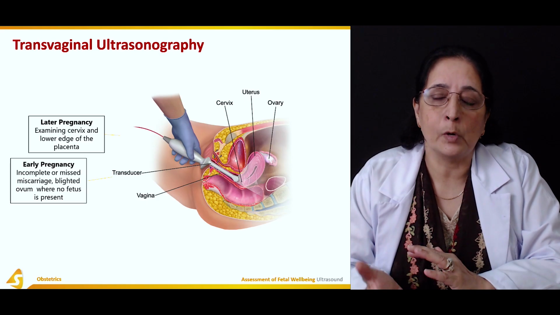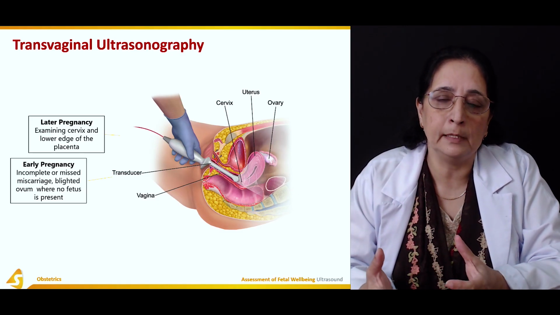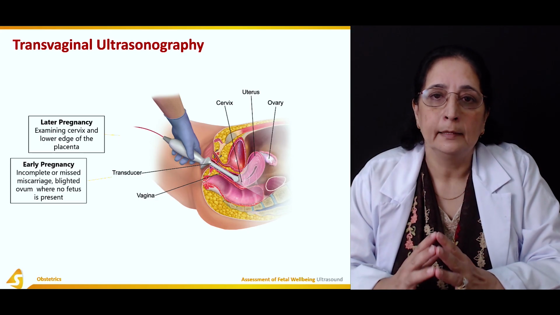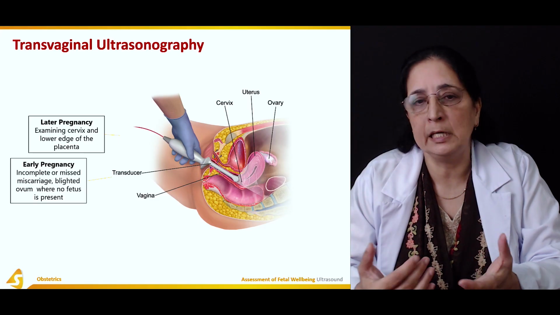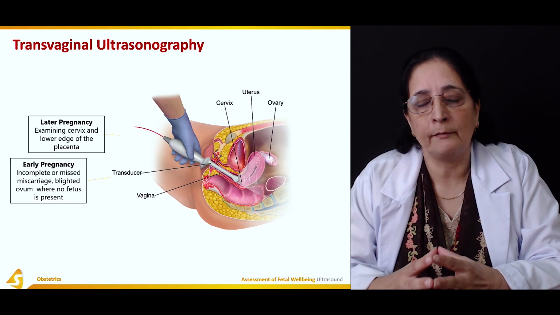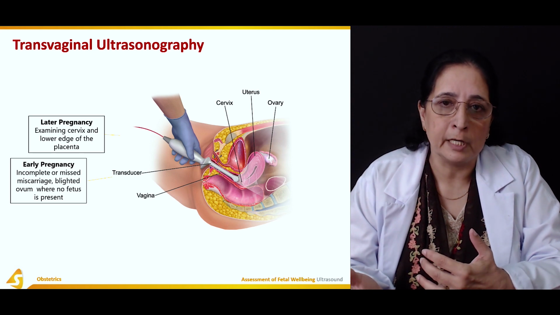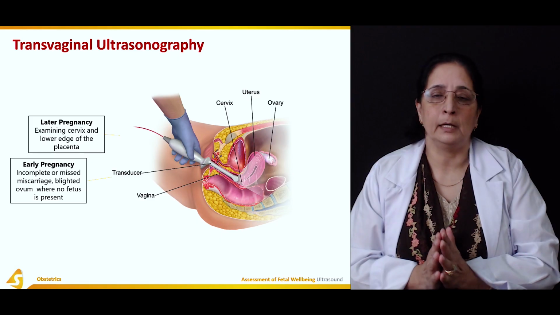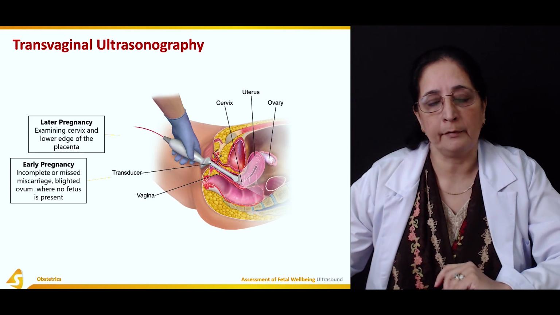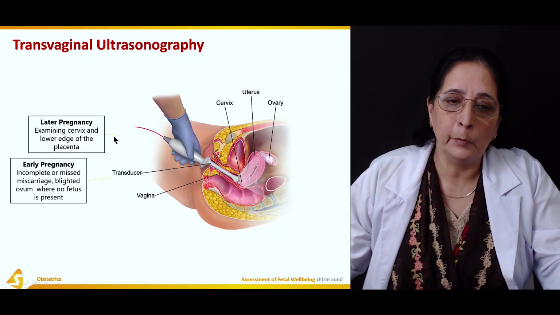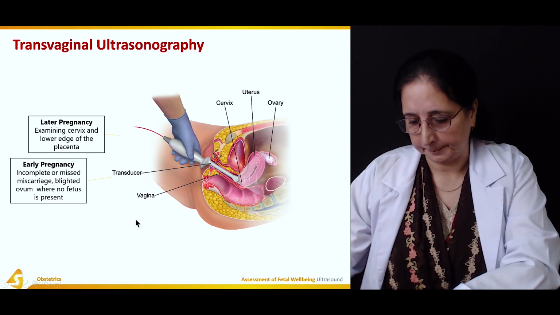Usually once the blighted ovum is confirmed with vaginal ultrasound, females abort, or they have a miscarriage in the first trimester after a few weeks. So all this can be diagnosed with transvaginal ultrasonography. It has indications both in late pregnancy and early pregnancy.